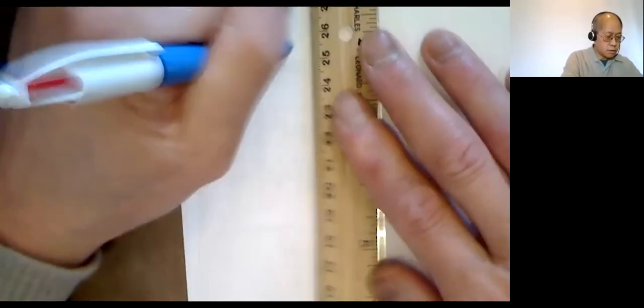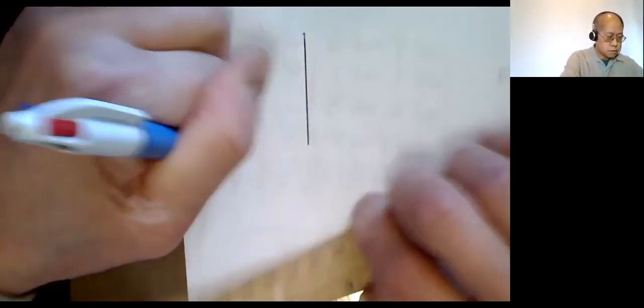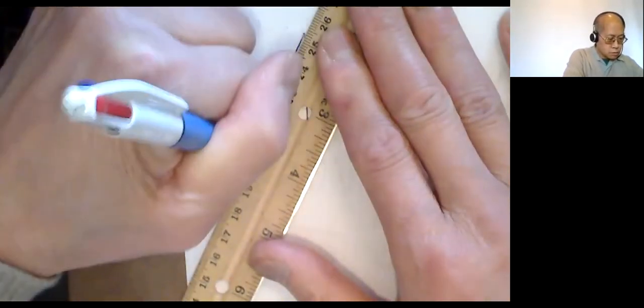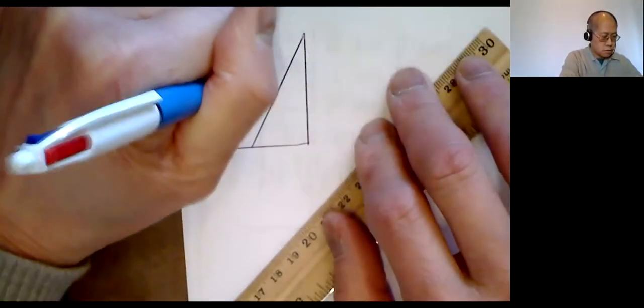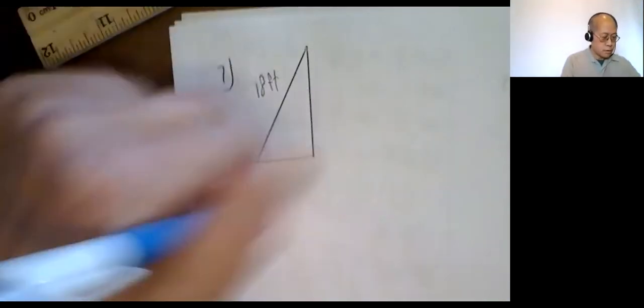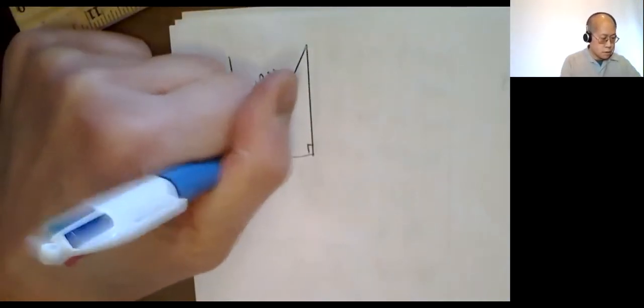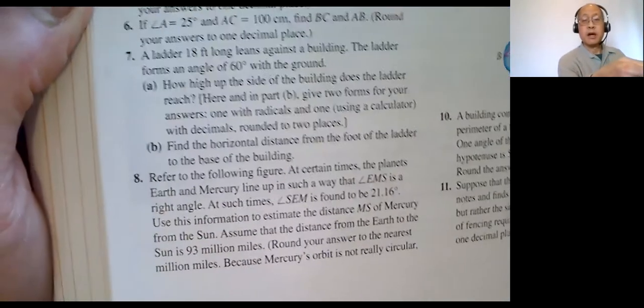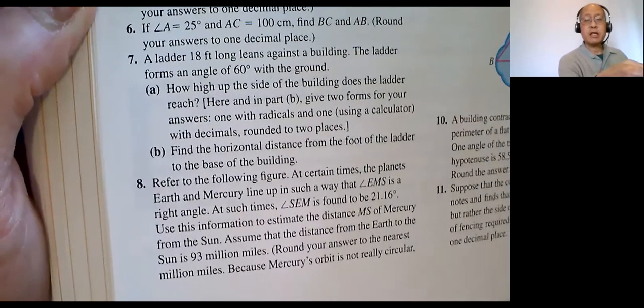Okay, so it says you have an 18-foot ladder that leans against a building. Here's a ladder, and it says this is 60 degrees. So one more time: an 18-foot long ladder leans against a building.